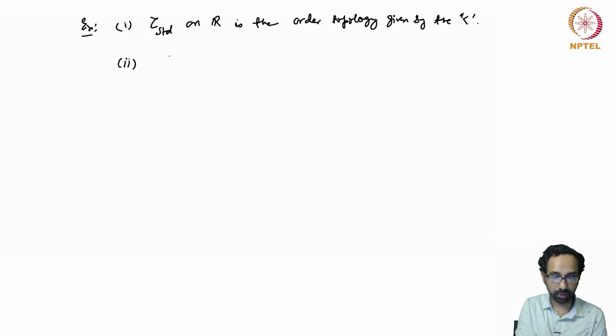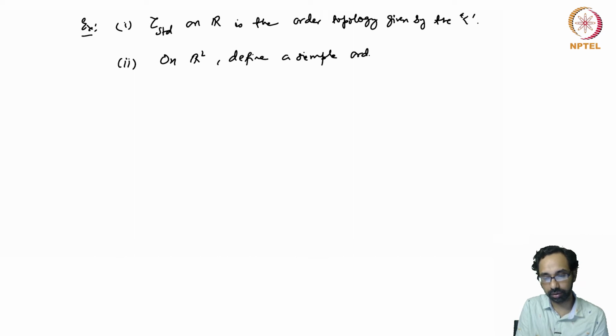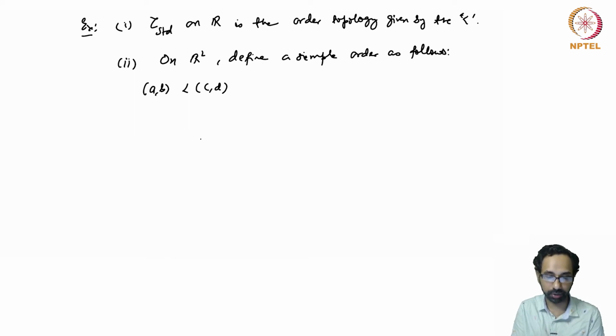Now on R2 we define a simple order as follows. So we write two points (a, b) and (c, d), both of them in R2.